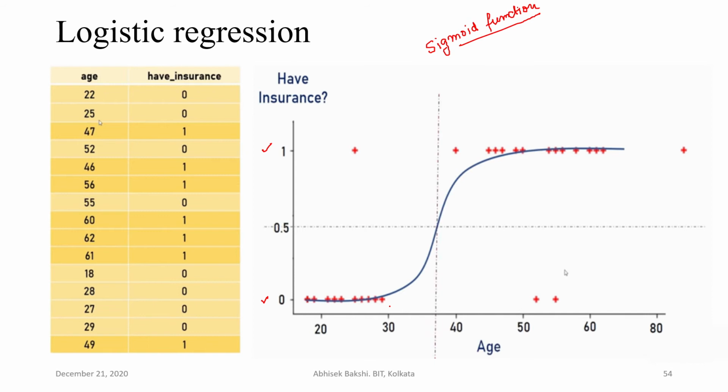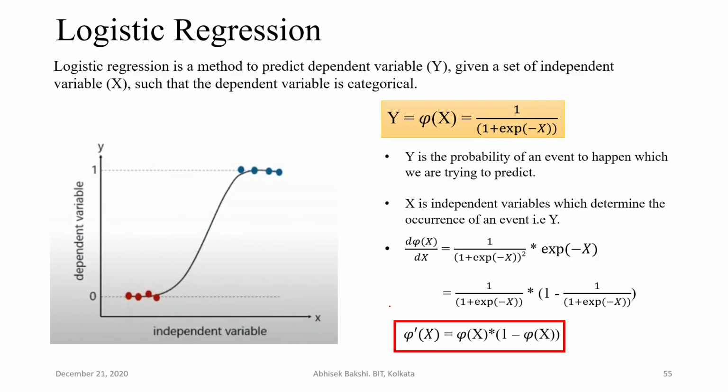And on which basis does it work? It works on the basis of the probability of having insurance or not, I mean the probability of some class with respect to another class. So in logistic regression, the sigmoid function is defined something like this.